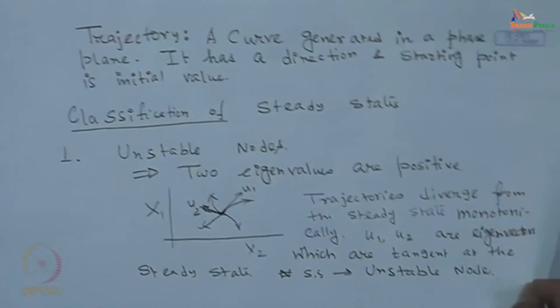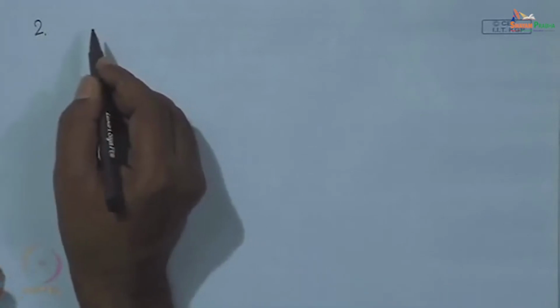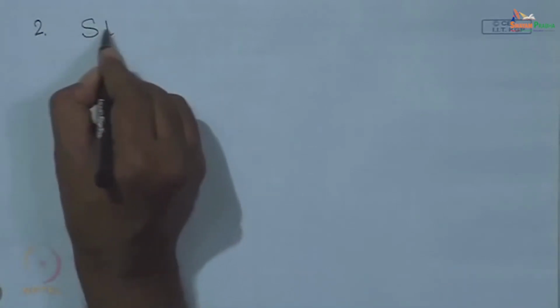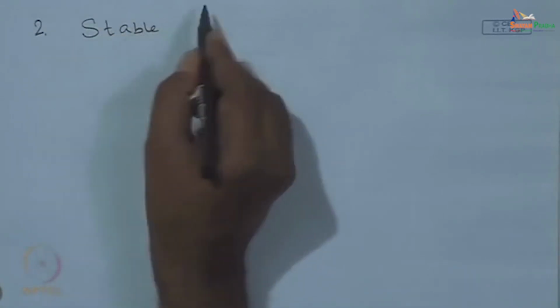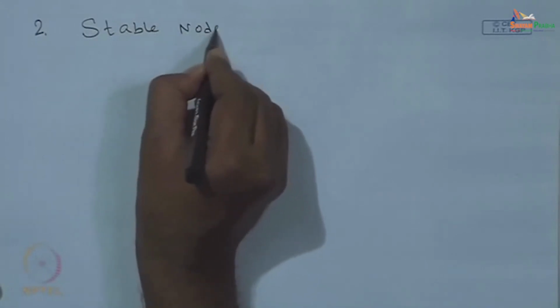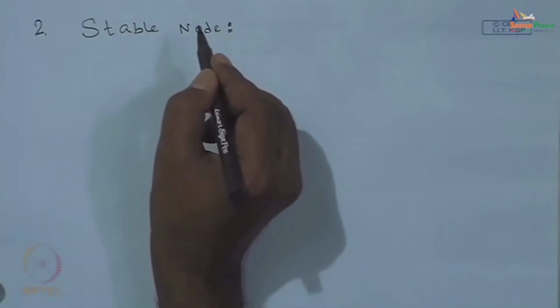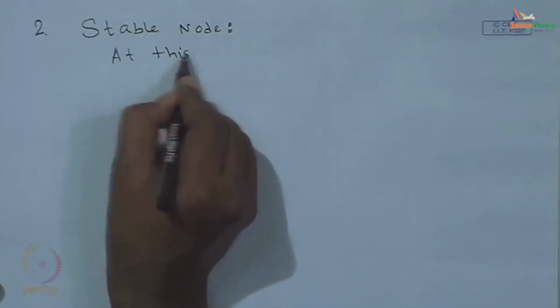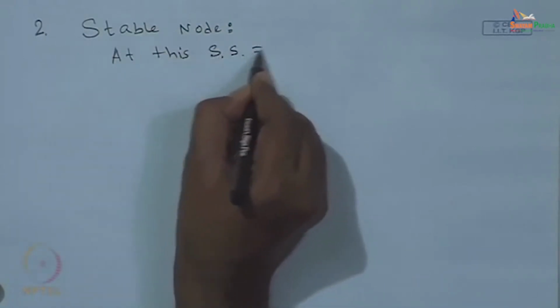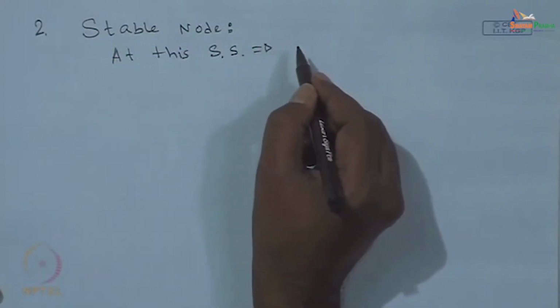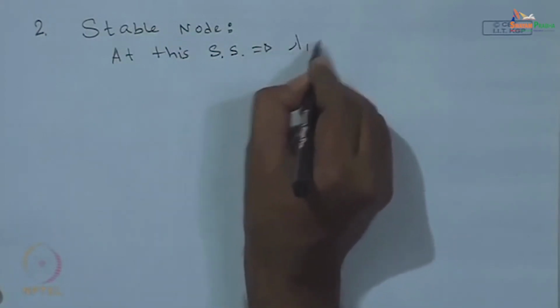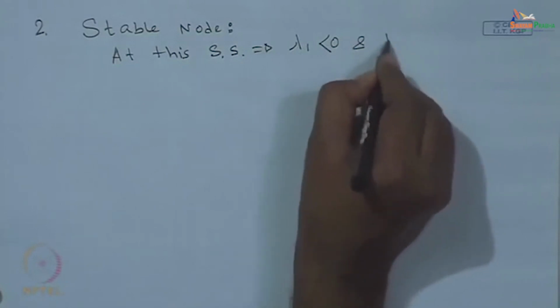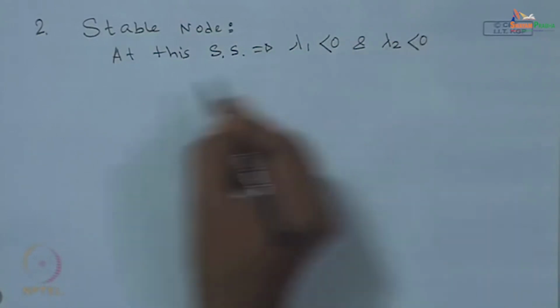Then we talk about the stable node, which is the second type of steady state. At this steady state, both eigenvalues are negative. So, lambda 1 is negative as well as lambda 2 is negative.